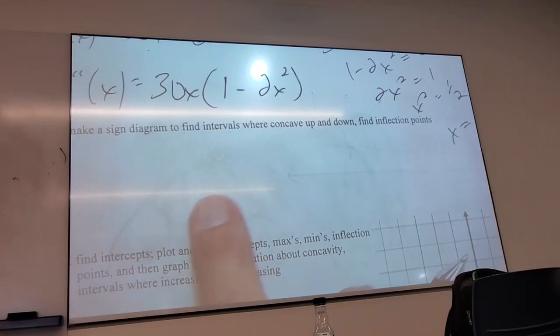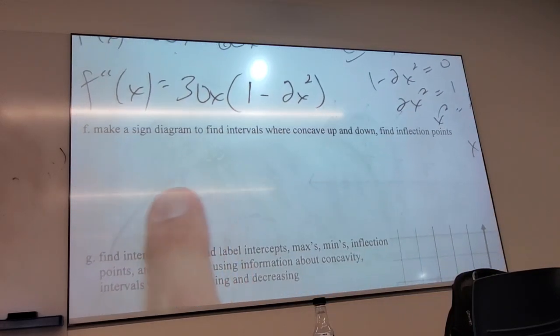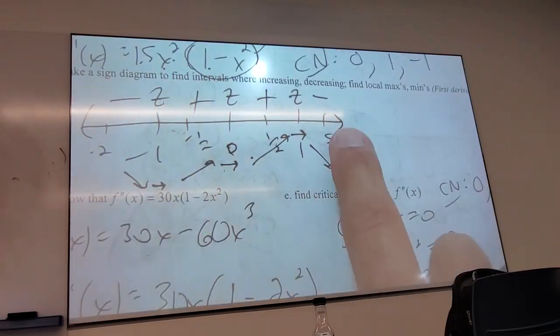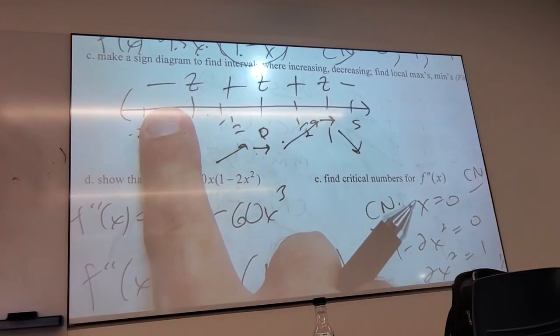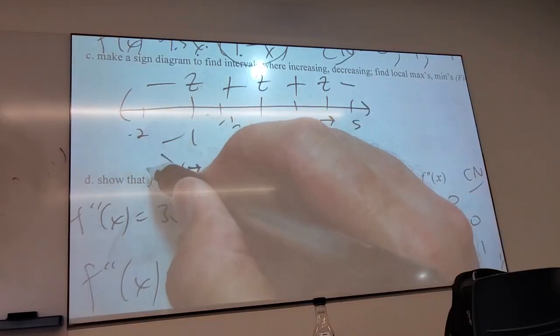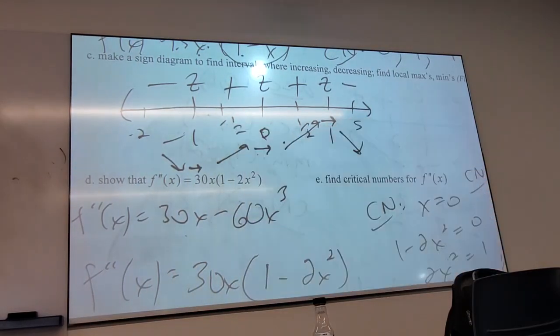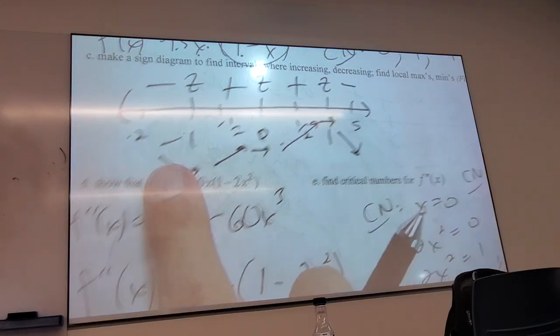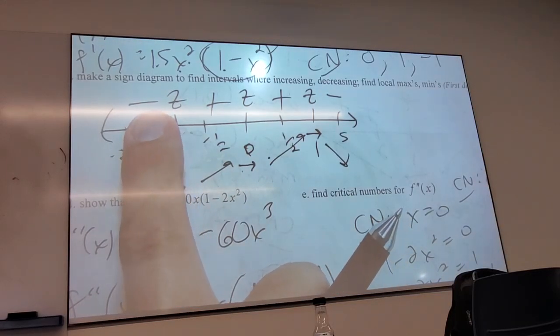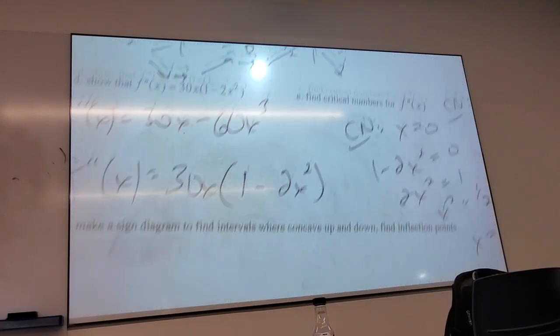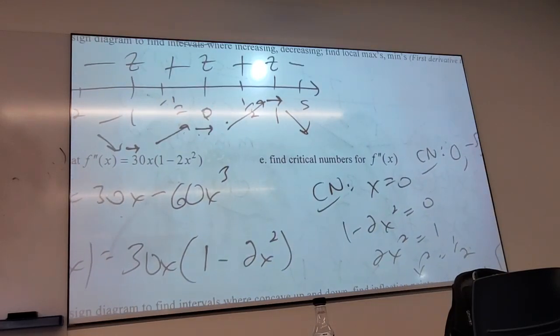And then the funny thing is, we'll do the rest of this next time, but when I just make a sign diagram, I do exactly the same work here, except if I got a negative somewhere, that means cup down. If I got a positive somewhere, that means cup up. So I just draw little cups. If you guys are with me. So if on the first derivative sign diagram, a negative means it's going down, on the second derivative sign diagram, a negative means it's cup down.